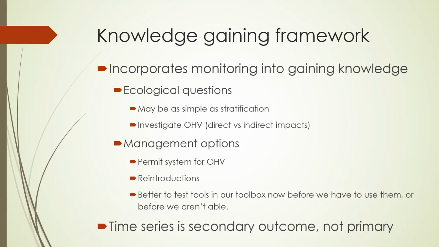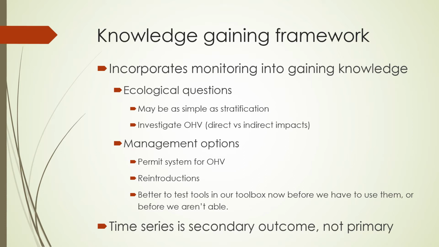And really with this paradigm, the time series that you obtain after going out and monitoring populations year after year is sort of a secondary outcome and not really the primary outcome.